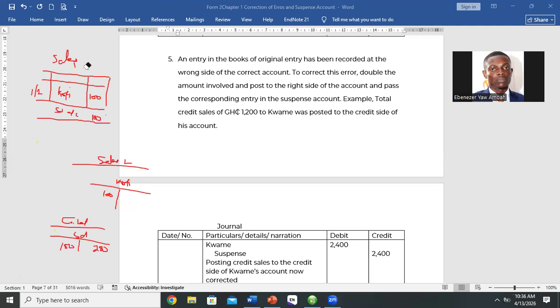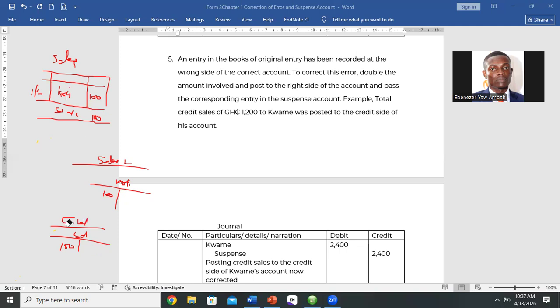If, for example, you have prepared your sales day book, you post the individual transactions to the customers in the sales ledger. And I believe we did these things previously. Now, when you do the posting, the individual goes to the sales ledger, and the total also goes to the general ledger.